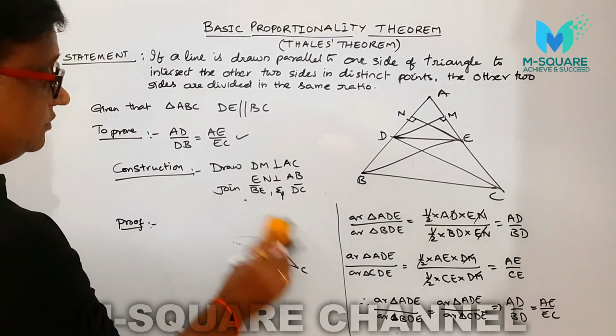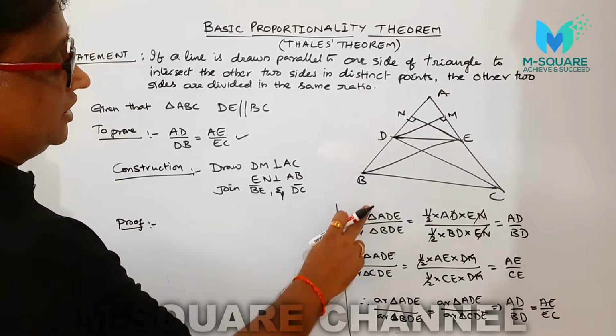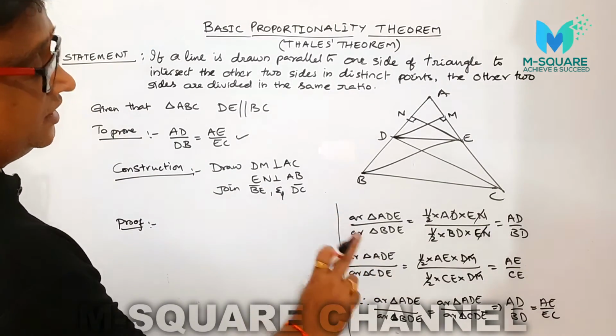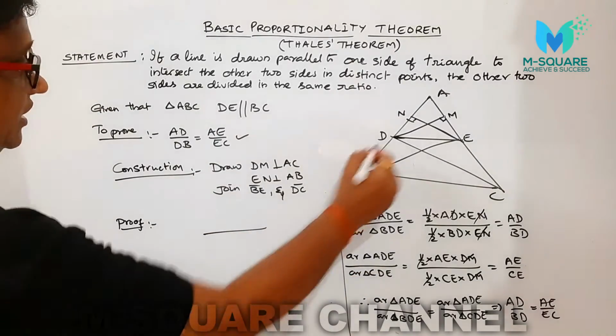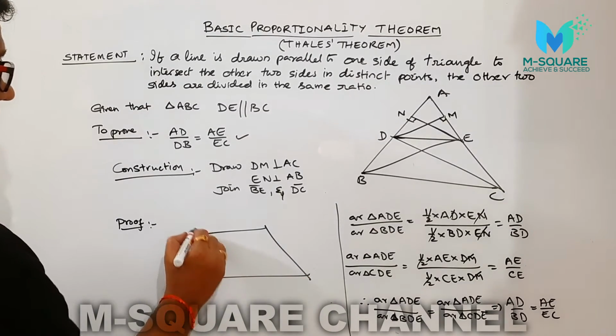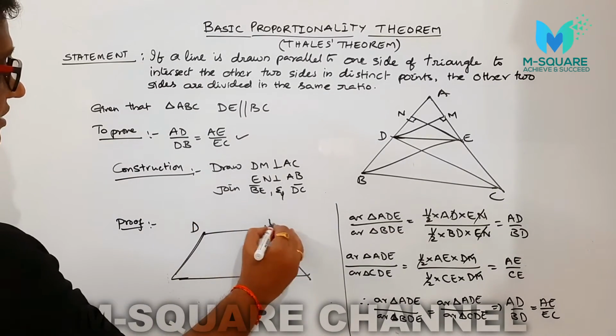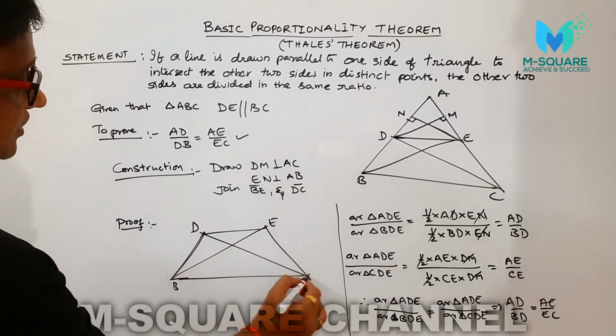So after that, what are we doing? We are equating these two. The ADE areas are equal, numerators are equal. Here BDE and CDE should be equal. So we take the remaining part like this. I am drawing for your understanding, DE and BC, joining BE and CD.